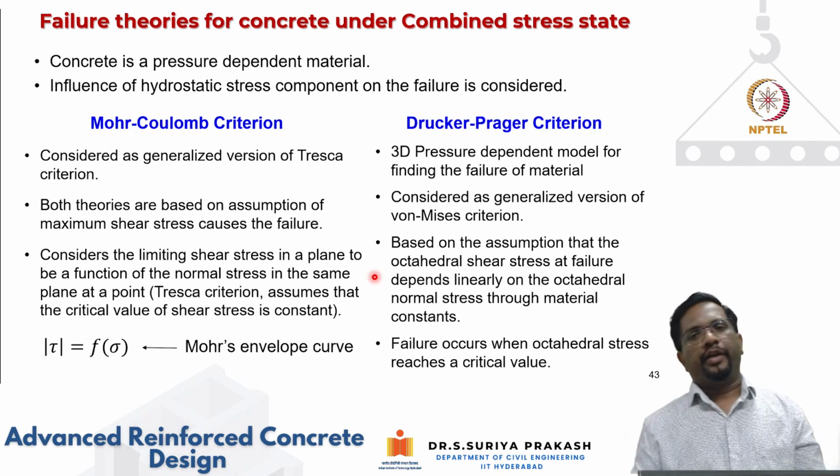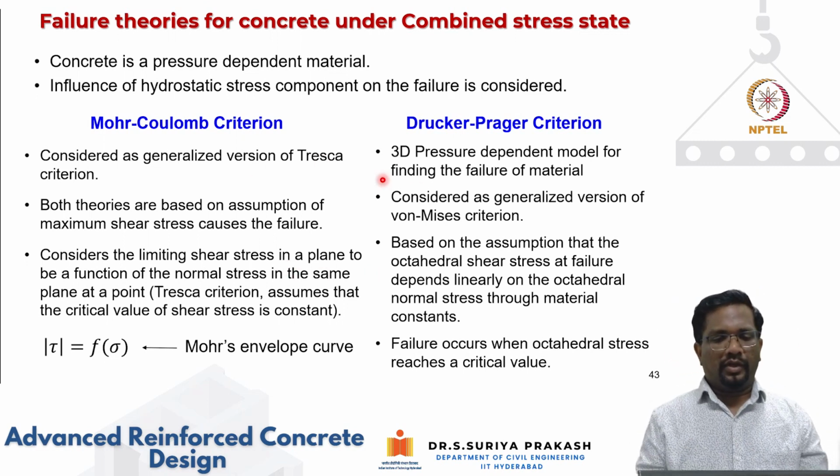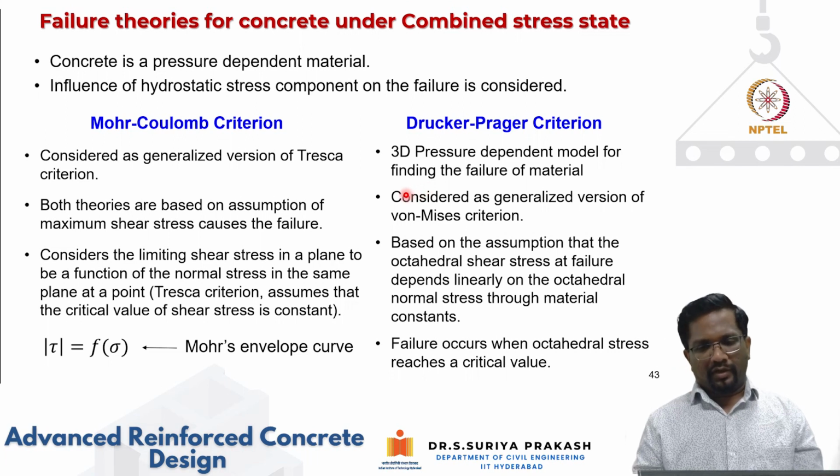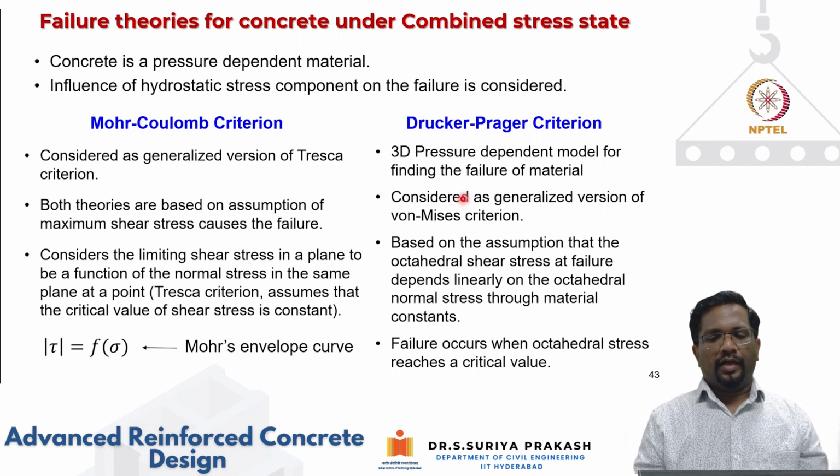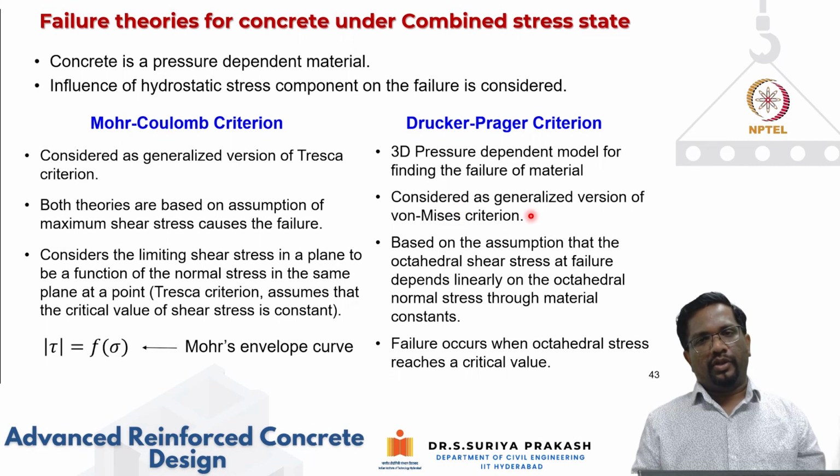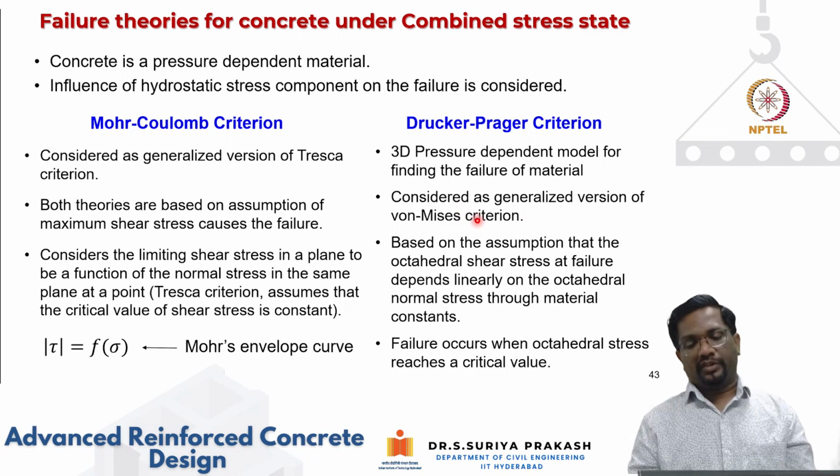Similarly, the Drucker-Prager criterion is also developed for brittle materials like concrete and soil. It is a 3D pressure dependent model for finding the failure of the material, and it is also an extension of the von Mises criterion. It's also called the generalized version of the von Mises criterion.